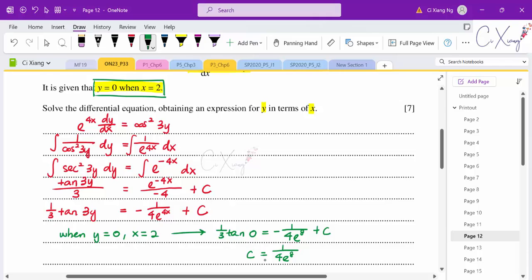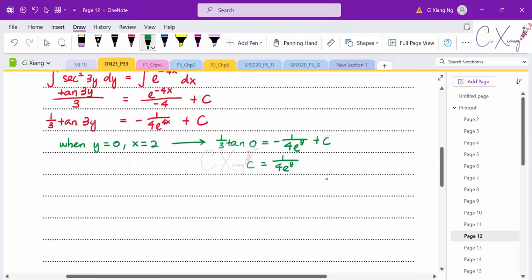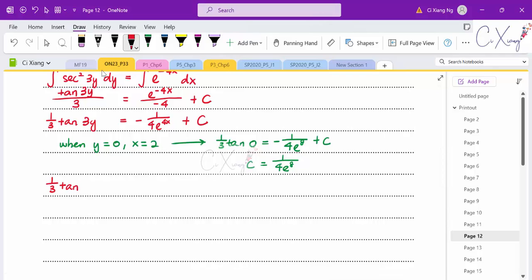Okay, so of course, our steps haven't completed yet, because our final answer should be y in terms of x. Alright, so now let us rephrase our equation so that it becomes y in terms of x. Okay, so first I try to rewrite my equation again.